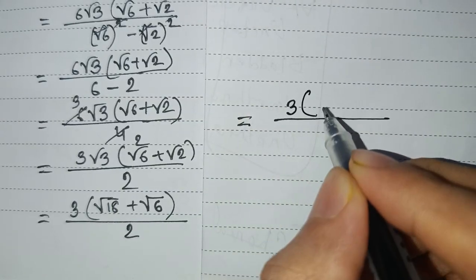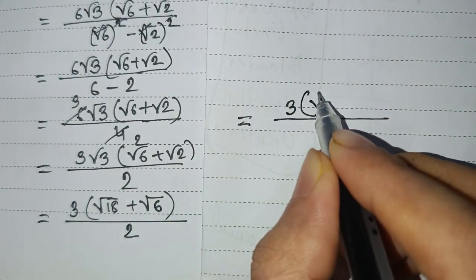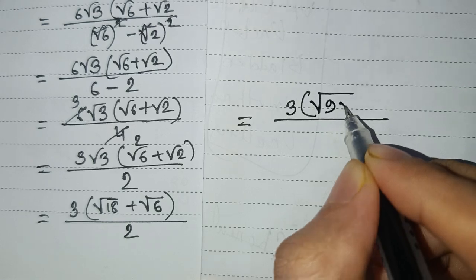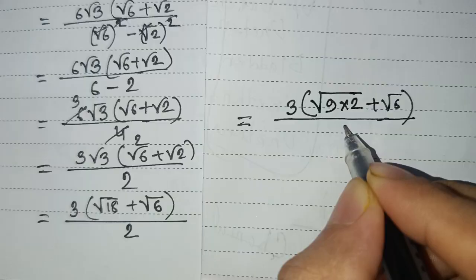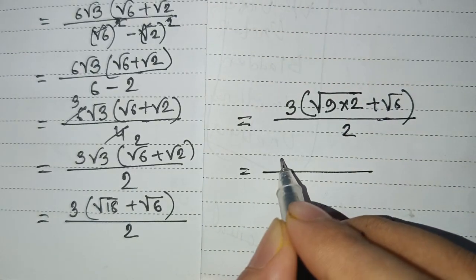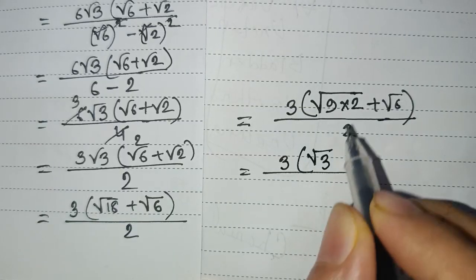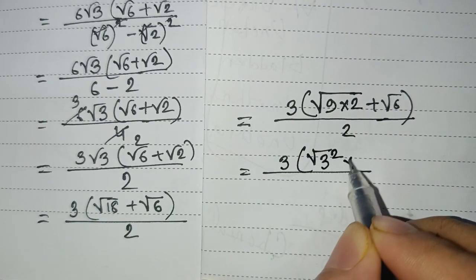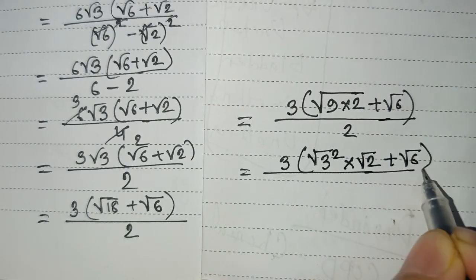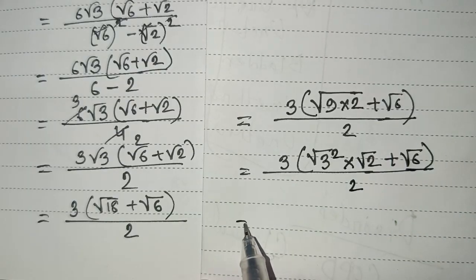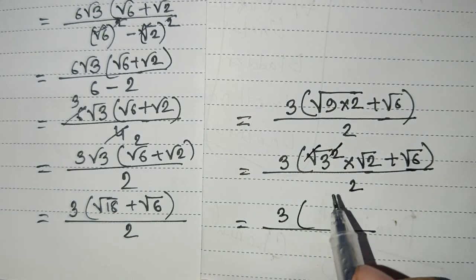3. We can break down root of 18 like root of 9 times 2 plus root of 6 all over 2. 3 times root of 3 square times root of 2 plus root of 6 all over 2. 3 times, root and square cancel out.